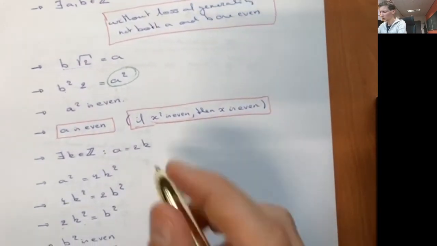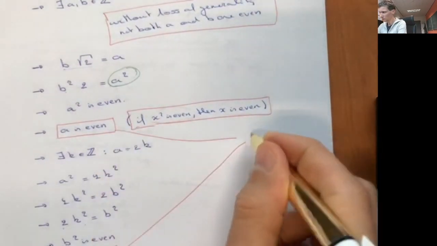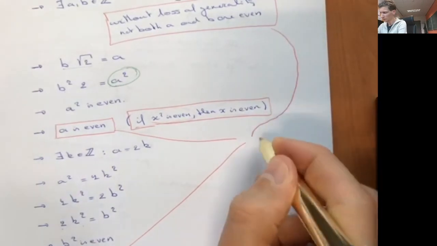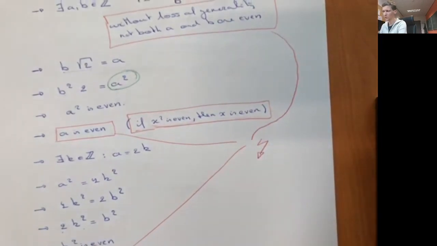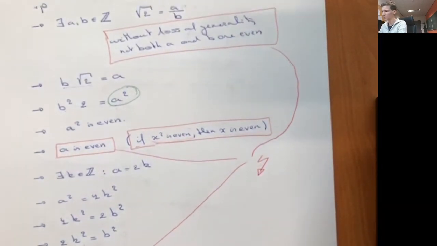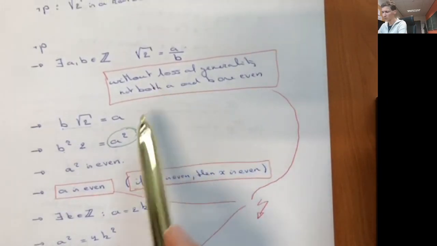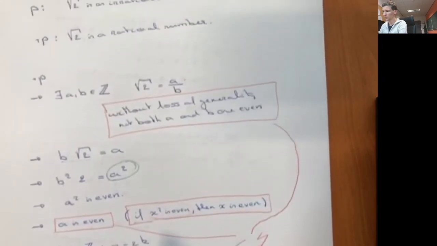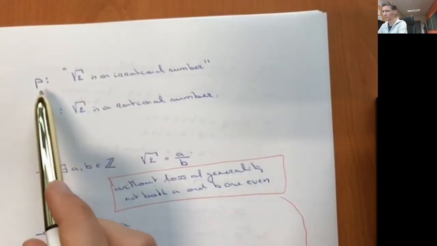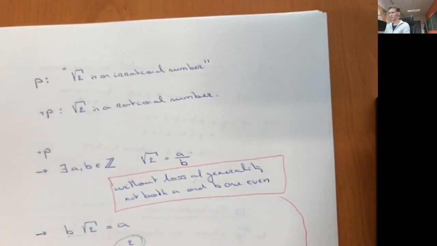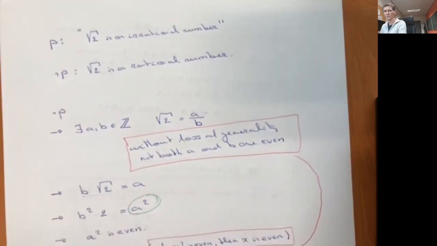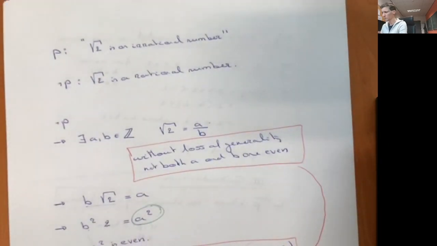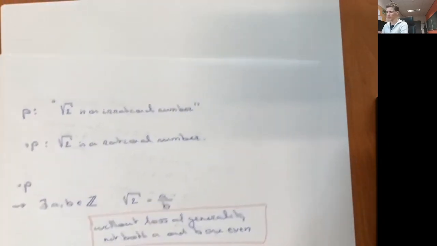So if you take this here, then you get the contradiction. You have found an assumption and the contradiction of the same assumption. So you have a contradiction, so you know that this is false, so this has to be true. This is a proof by contradiction. Good.